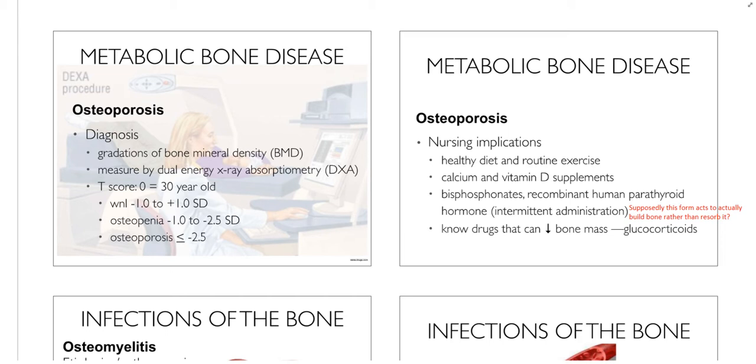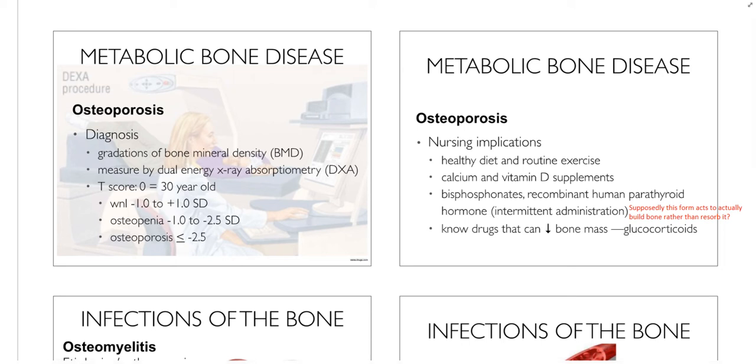But somehow, I guess maybe this type of human parathyroid hormone, the recombinant version, or maybe giving it intermittently, for some reason helps to build bone mass rather than resorbing it.